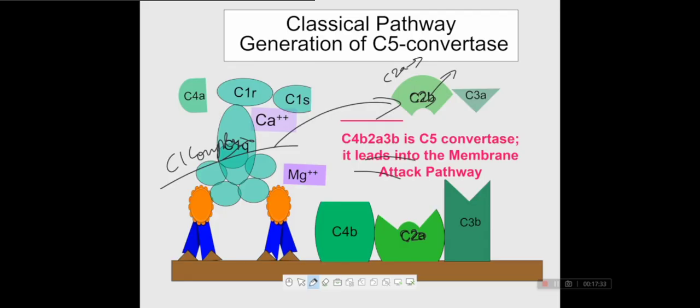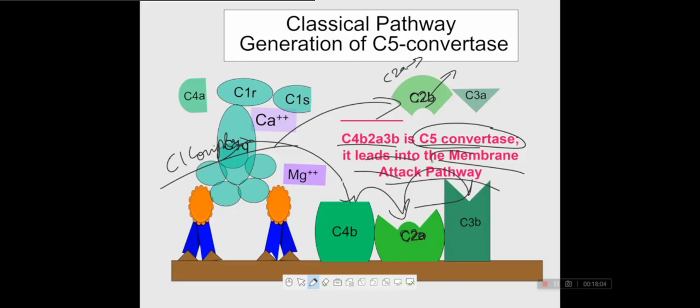Clear? So first, the C1 complex acts on C4, then C2, then C3B. C4B, C2A and C3B form the C5 convertase, and this leads into the membrane attack pathway.